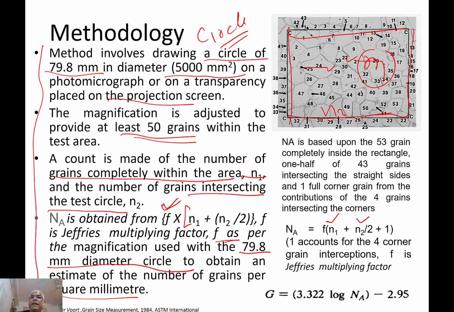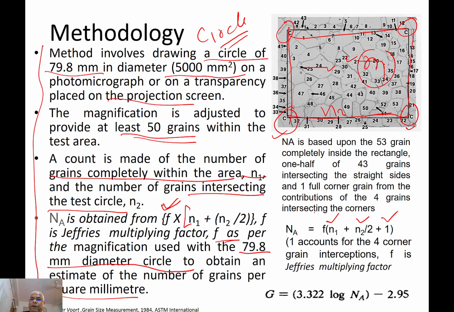And to take care of the grains being intersected at these corners, the +1 is added. So here it is n1 plus n2 by 2 plus 1. This 1 takes care of the 4 grains at the 4 corners, so the 1 is added. 1 accounts for the 4 corner grain interceptions, and f is the same multiplying factor.